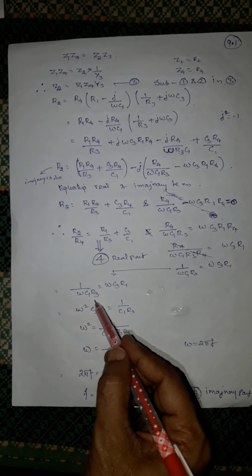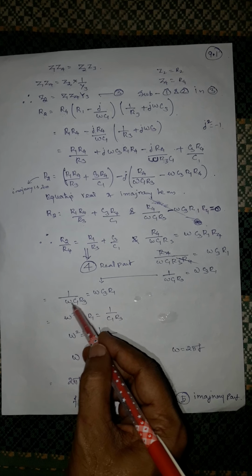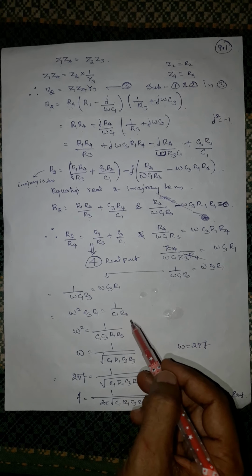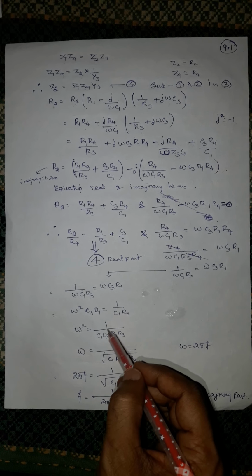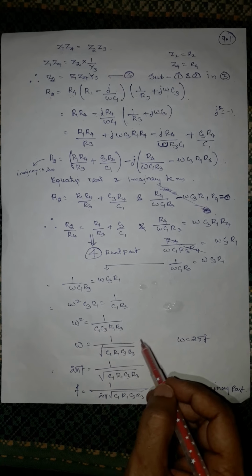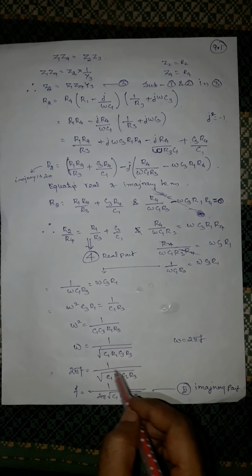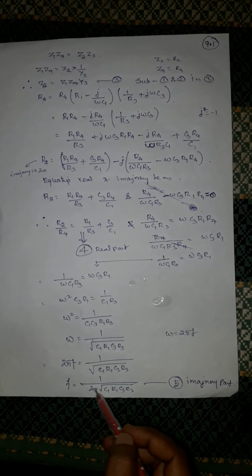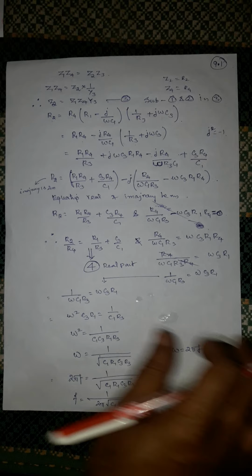Then 1 divided by omega C1 R3 equal to omega C3 R1. Then omega square equal to 1 divided by C1 C3 R1 R3. Taking the root on both sides, omega equal to 2 pi f equal to 1 divided by root of C1 C3 R1 R3, so f equal to 1 divided by 2 pi root of C1 C3 R1 R3.